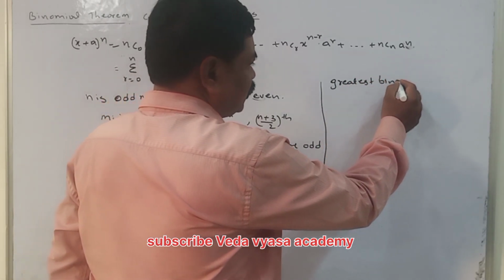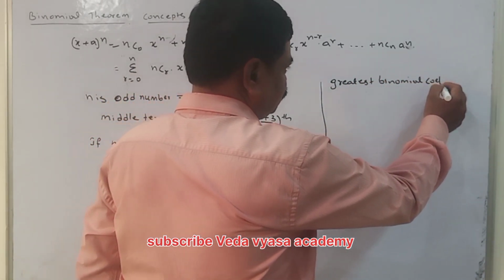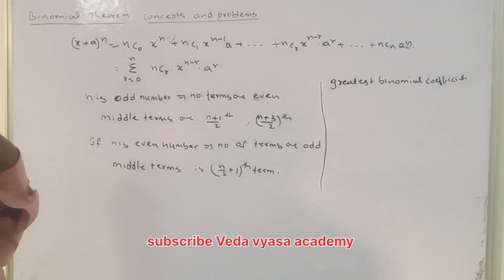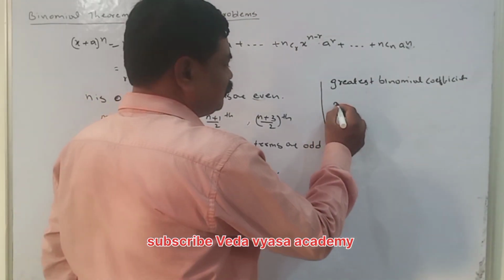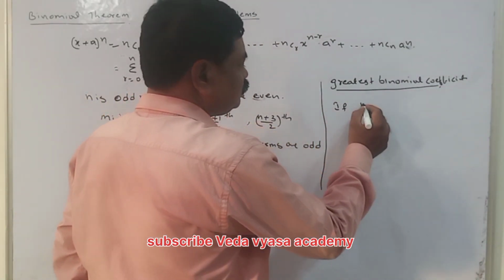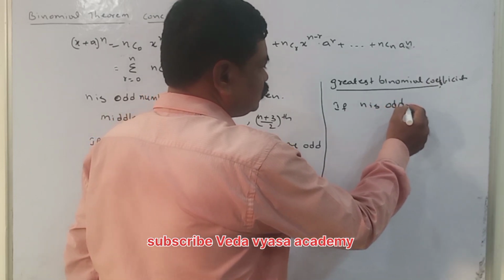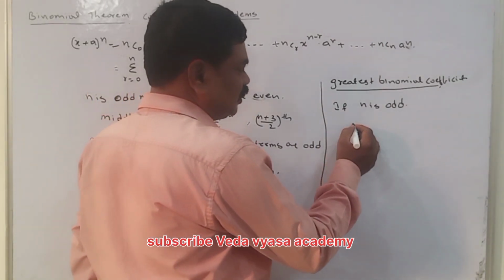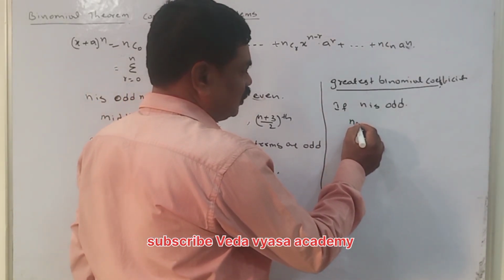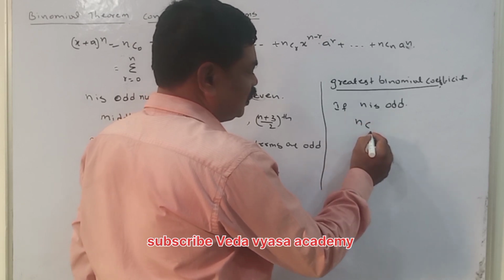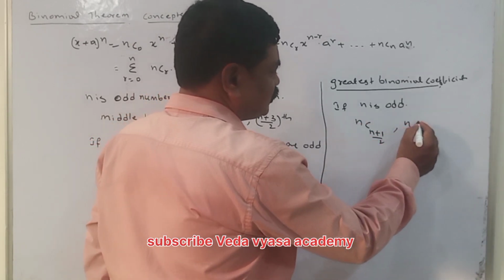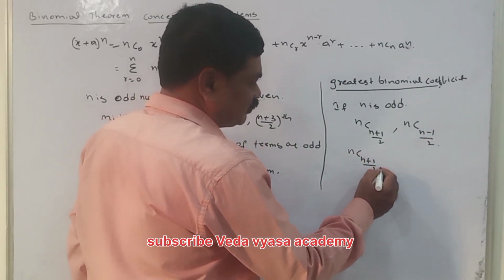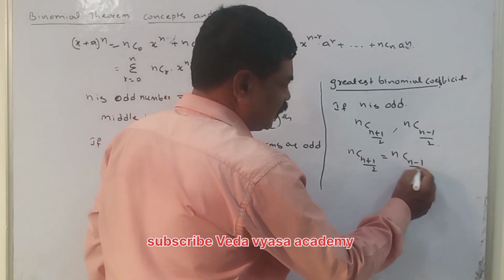And the greatest binomial coefficient. What is the greatest binomial coefficient in the expansion? If n is odd, then the greatest binomial coefficients are nC(n+1)/2 and nC(n-1)/2. But nC(n+1)/2 is equal to nC(n-1)/2.